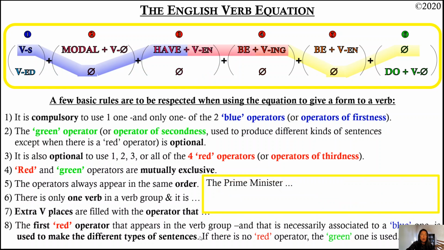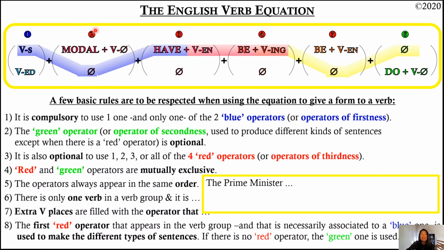Okay, so maybe one last example in which we are actually going to use all the operators that can be used to create tenses, verb tenses in English, because it is important to point out that the verb equation is actually very complete and not all the operators are used to create verb tenses. Modals are not part of the basic verb tenses in English.